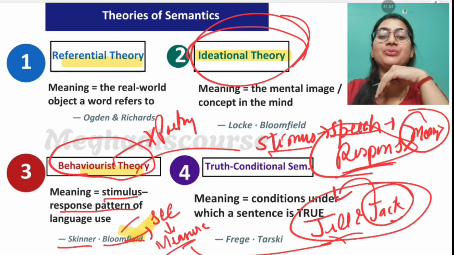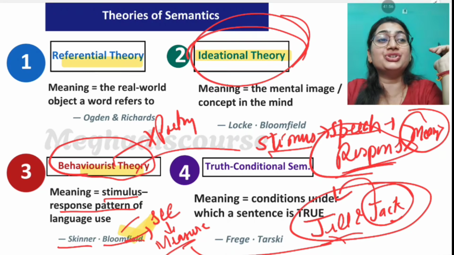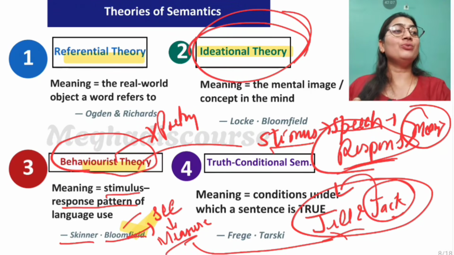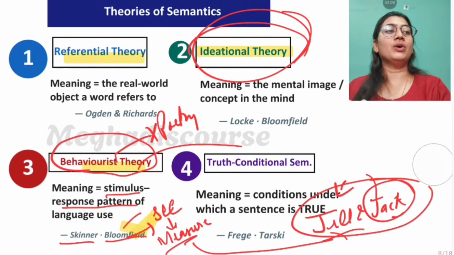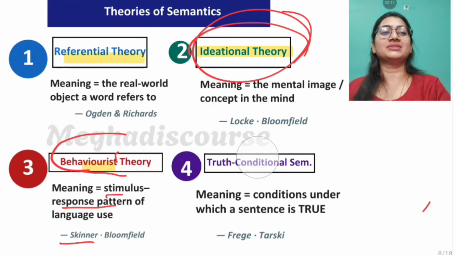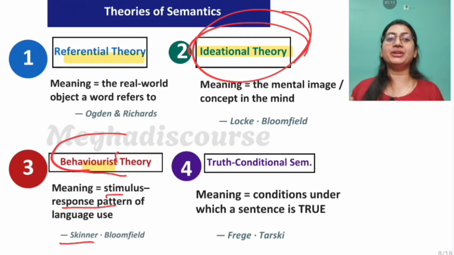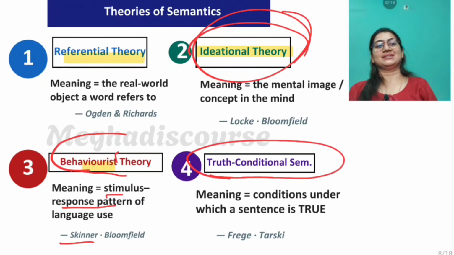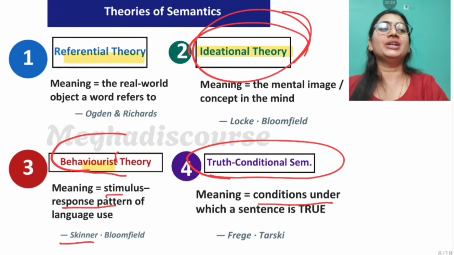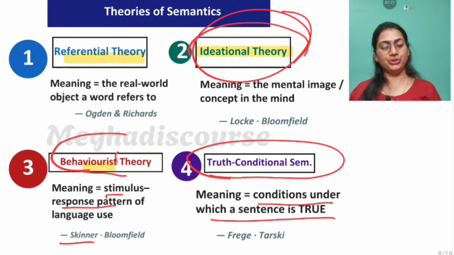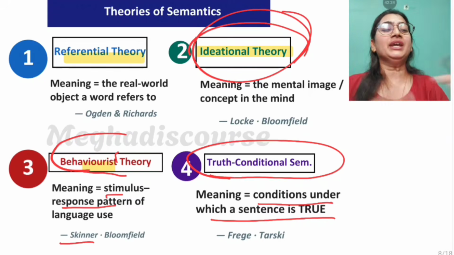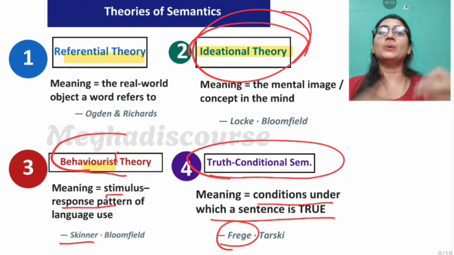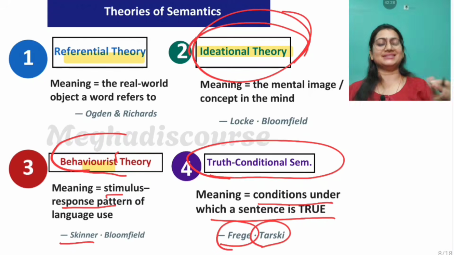Now if behaviorism failed, then what is truth-conditional semantics? Now we are entering into the world of truth-conditional semantics. Perhaps they can explain it better. Okay, so truth-conditional semantics means the conditions under which a sentence is true. In the simplest terms, it was given by Gottlob Frege and Alfred Tarski.